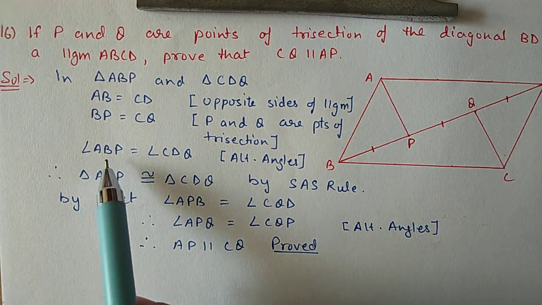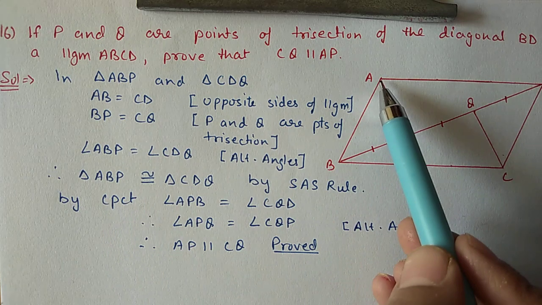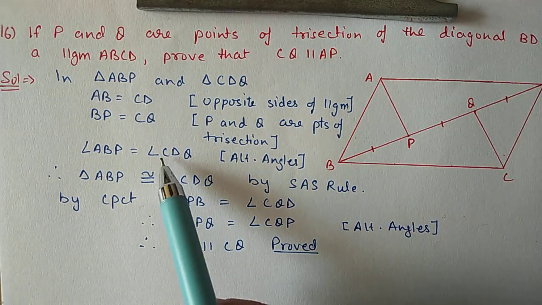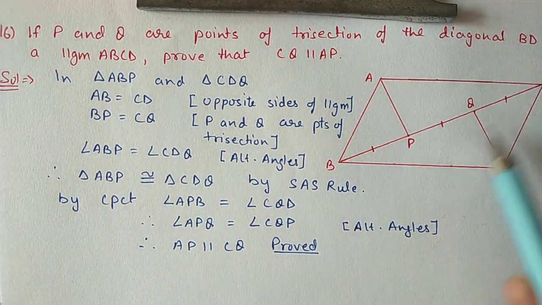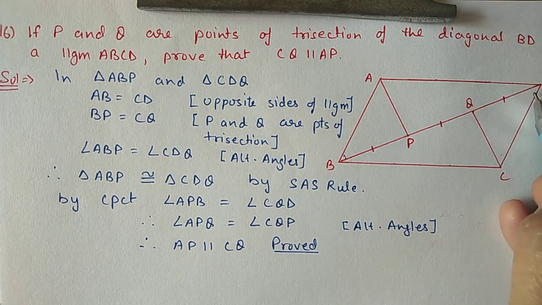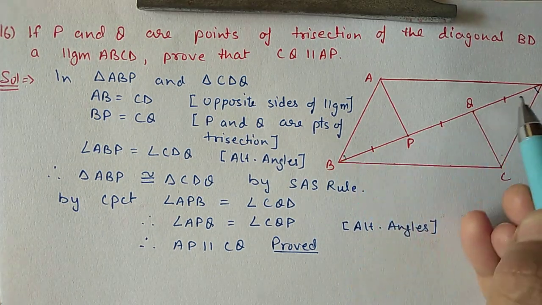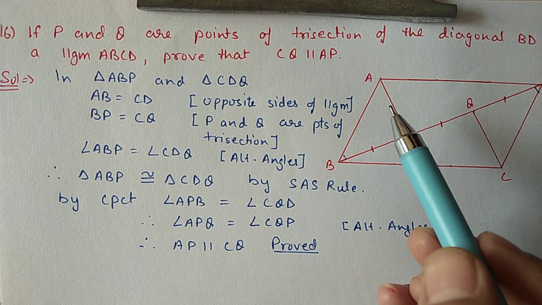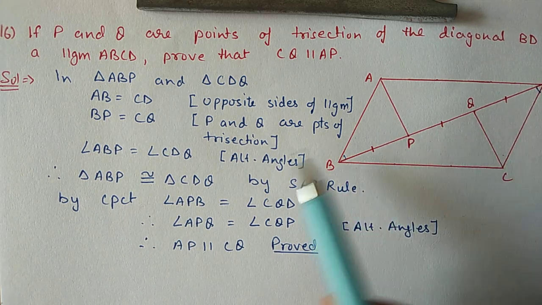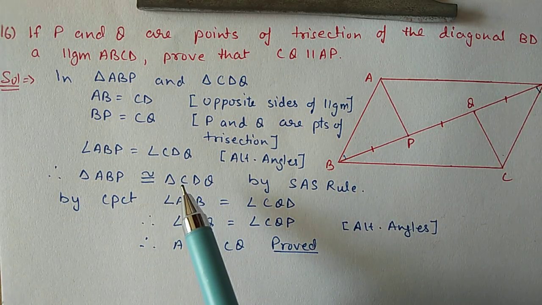Third we have taken angle ABP and angle CDQ. These two angles are equal to each other. These are the alternate angles. So it means by side angle side rule these two triangles are congruent to each other.